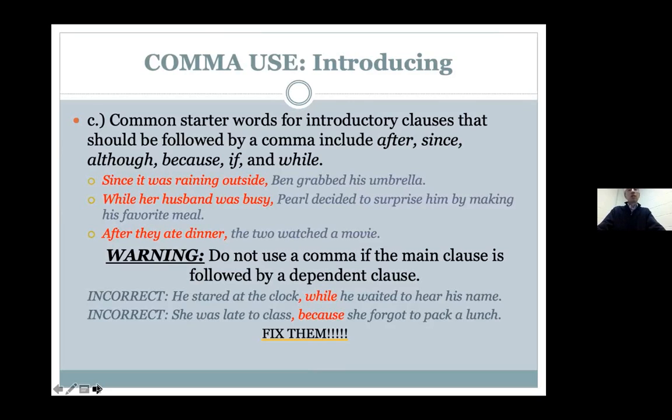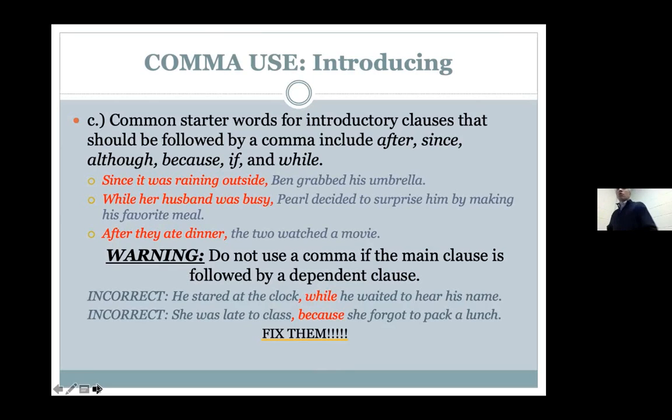And when we put it at the beginning of a clause, it sort of asks for more information. So you can see that first example there, since it was raining outside. Well, that's a clause. It was raining. We have a subject, we have a verb. But you put the since in front of it, and then now we're saying, well, what happened?